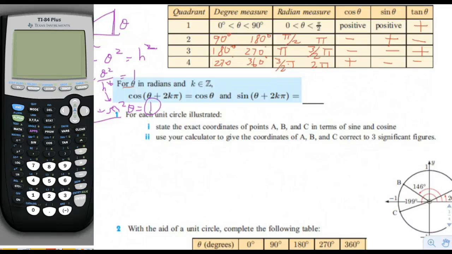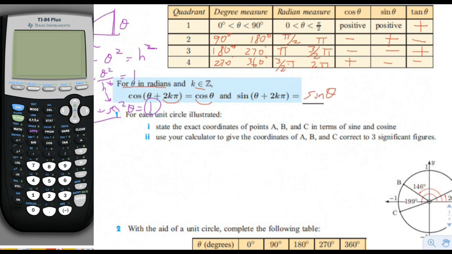For theta in radians and k from the set of integers, so k is an integer, it says that cosine of theta plus 2 pi k equals cosine theta, and sine of theta plus 2k pi is equal to sine theta.